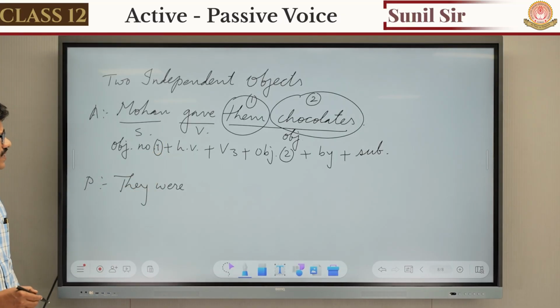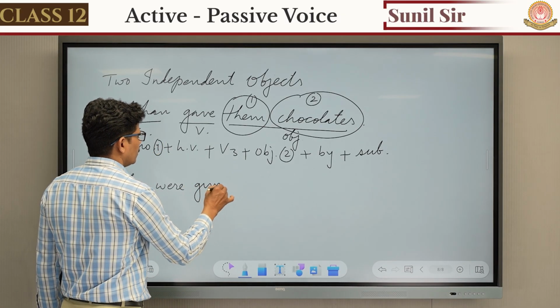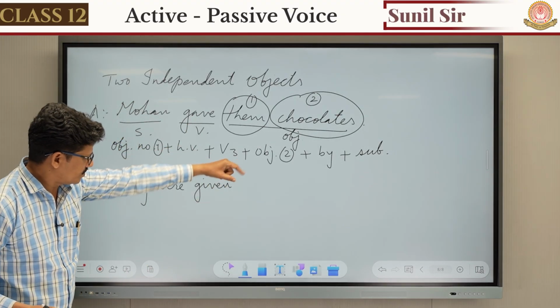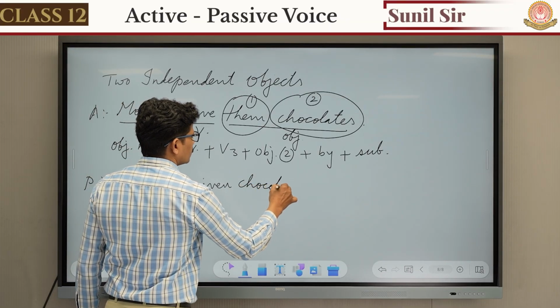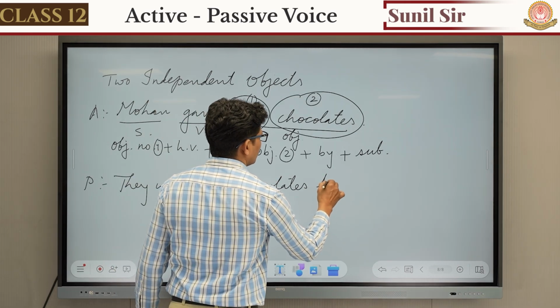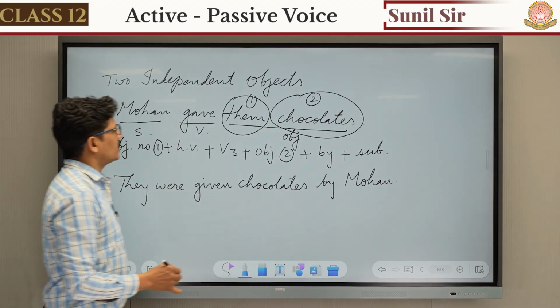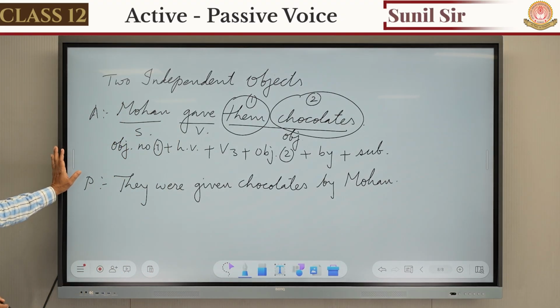What is the third form of gave? Given. They were given. Then object number 2, chocolates, by the subject, that is Mohan. Mohan gave them chocolates, active voice. Passive voice: They were given chocolates by Mohan.